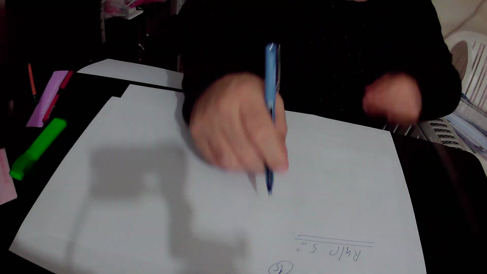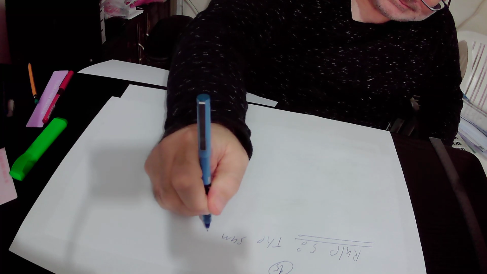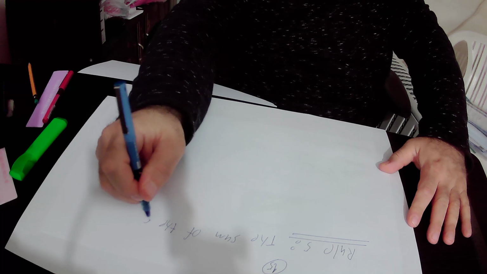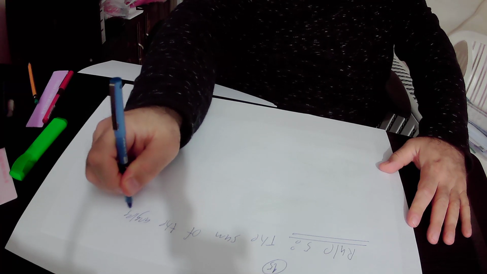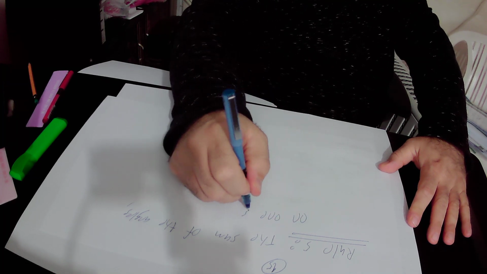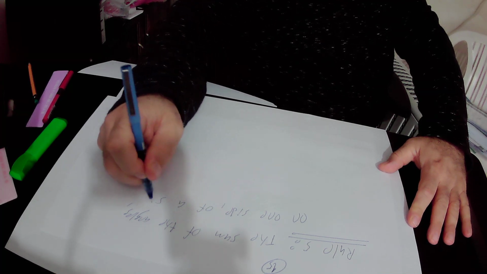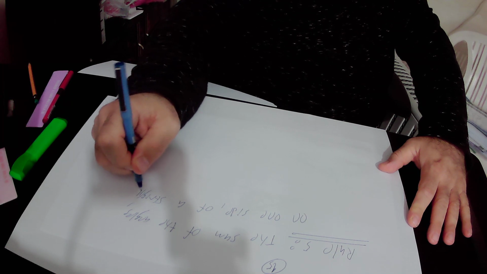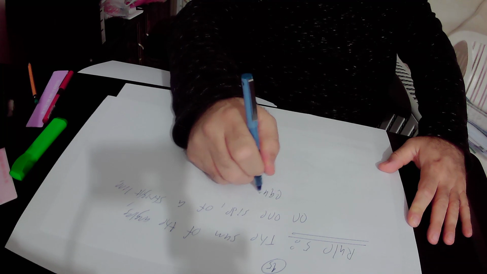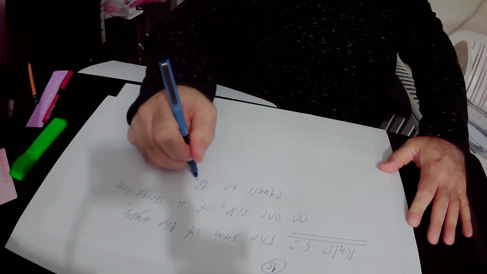I will repeat again. The sum of the angles on one side of a straight line equals 180 degrees.